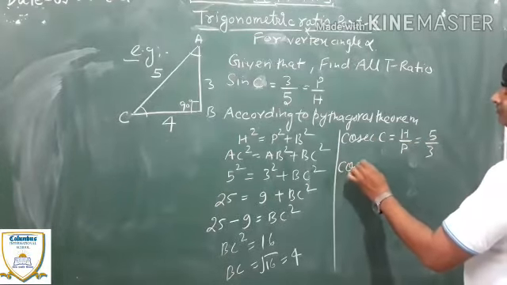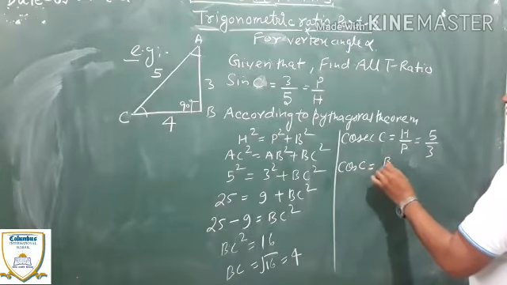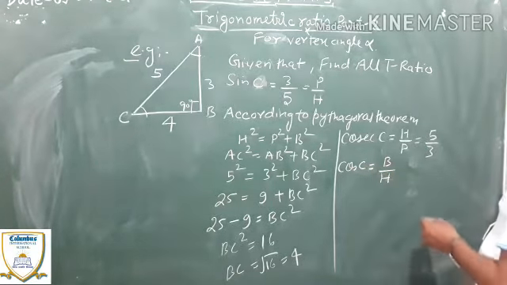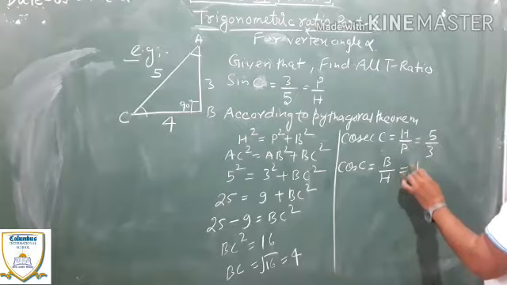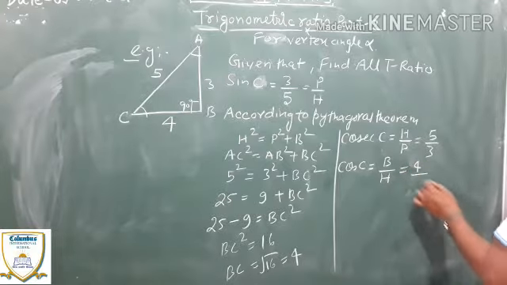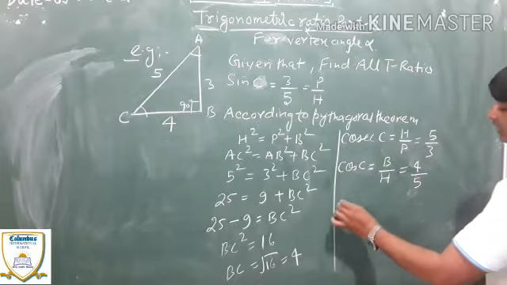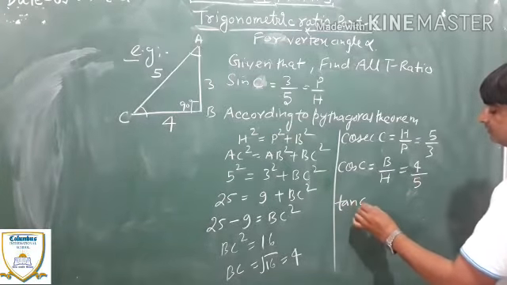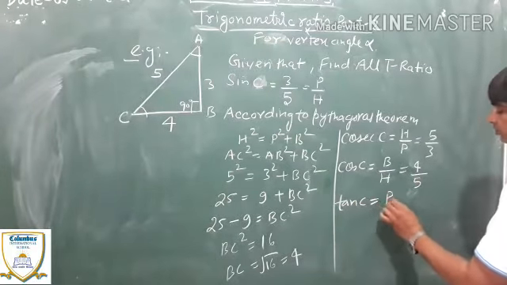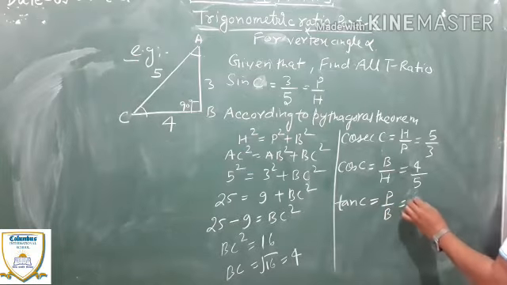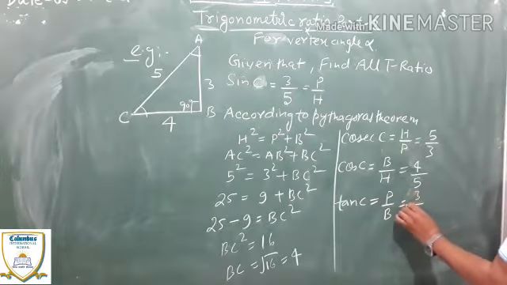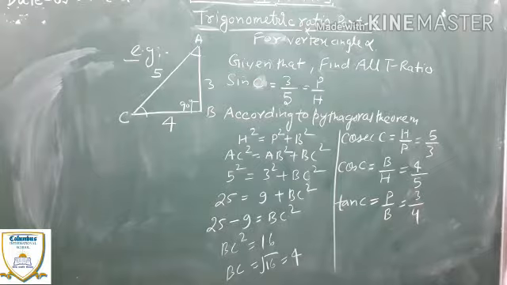Cos C is equal to base by hypotenuse. Base is 4 and hypotenuse is 5. And tan C is equal to perpendicular by base. Perpendicular is 3 and base is 4.